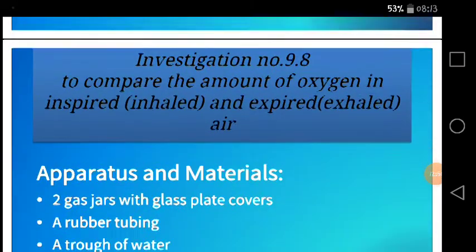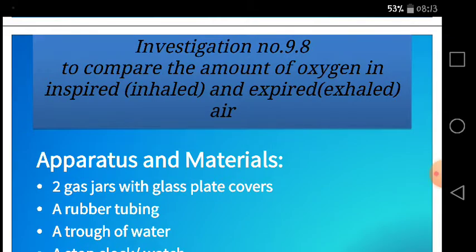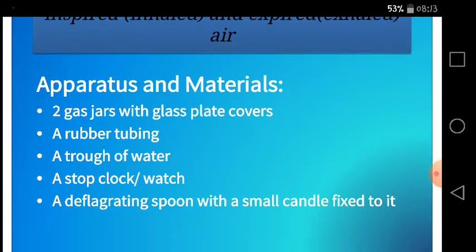Now we are going to focus on investigation number 9.8 according to our book, and we have to compare the amount of oxygen in inspired or inhaled and expired or exhaled air. Dear students, the apparatus and materials we need for this practical are two gas jars with glass plate covers, a rubber tubing, a trough of water, a stopwatch, and a deflagrating spoon with a small candle fixed in it.